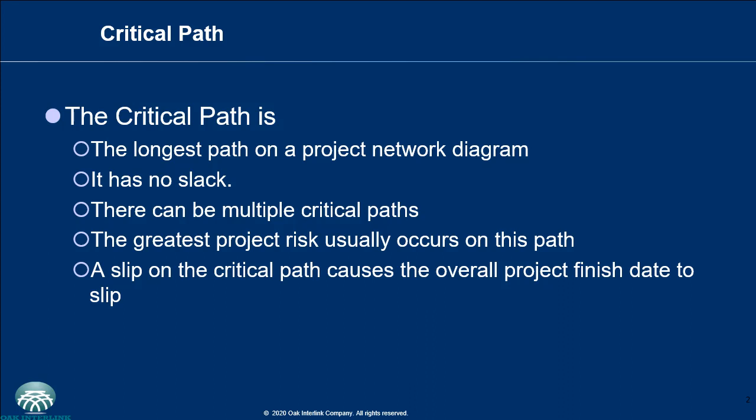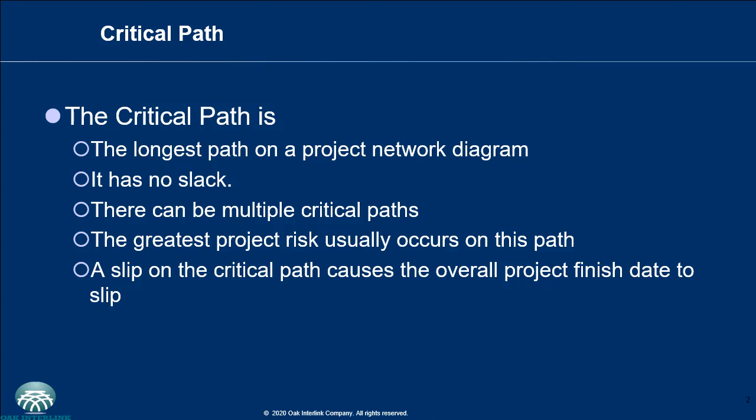However, you can have more than one of such paths that meet these characteristics. So it is the longest path on the network. It has no slack. Slack, as we had earlier talked about, is opportunity for delay. So when we say no slack, it means there is no opportunity for delay. Slack is also known as float.